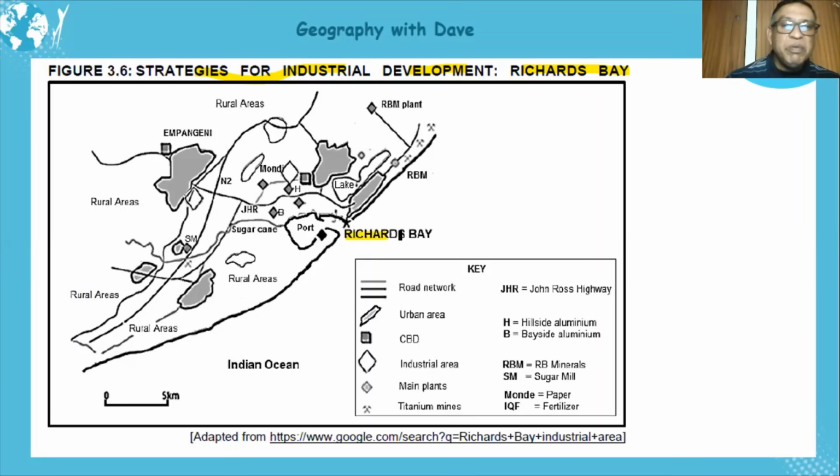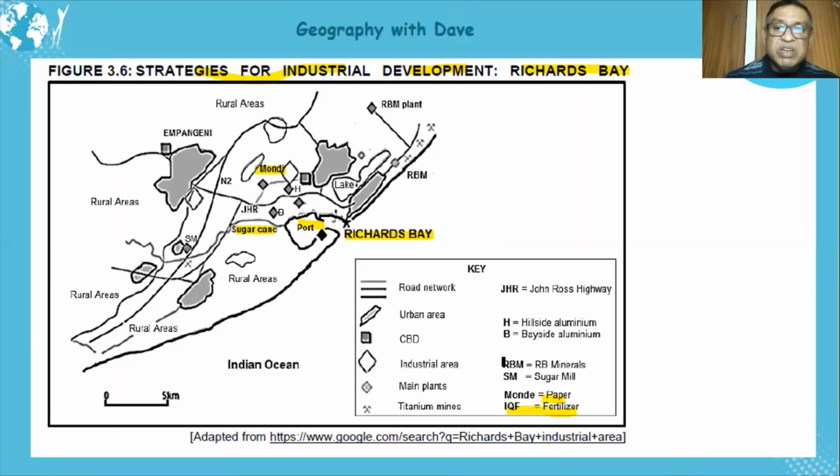Richards Bay, we know. Okay, it's talking about Richards Bay. We can see it's a port. We can see the sugarcane involved here. Can you see sugarcane was one of the things, agro processing and things about the Richards Bay SDI. So it's similar. Oh, there's Mondi here. What is Mondi? Mondi is the paper production. IQF is the fertilizer.